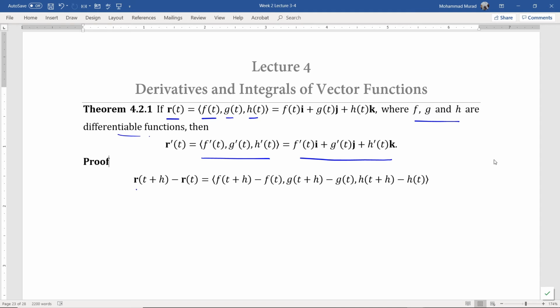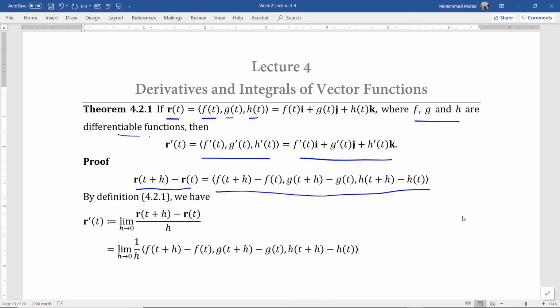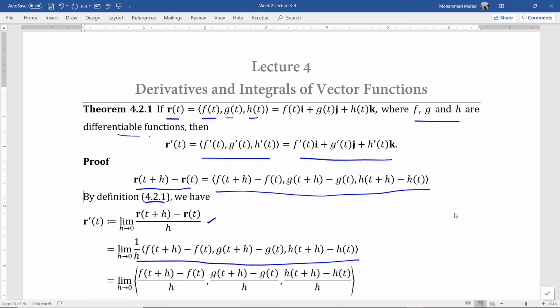We have the difference vector r of t plus h minus r of t, which is the vector with the components shown. Then, by the definition 4.2.1, the derivative can be written as the limit of the quantity shown here, which can also be written in this form.